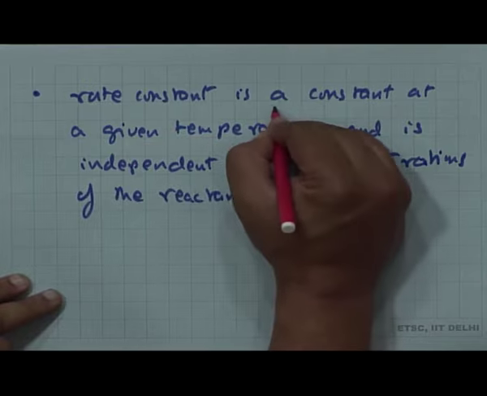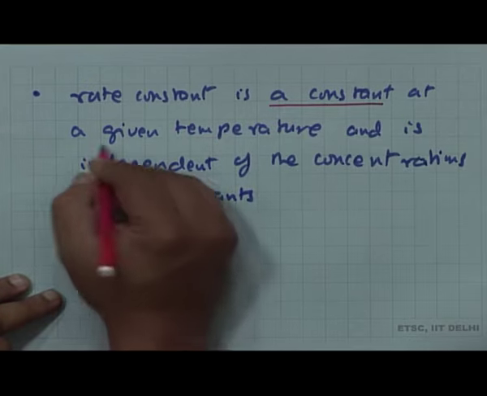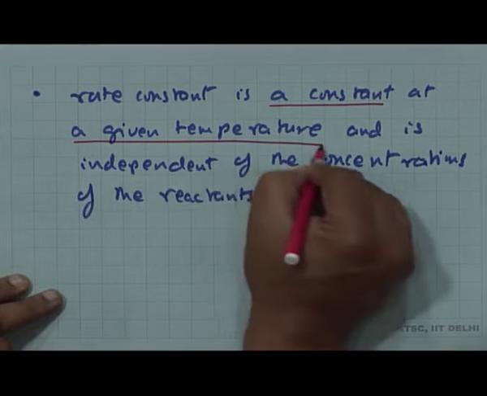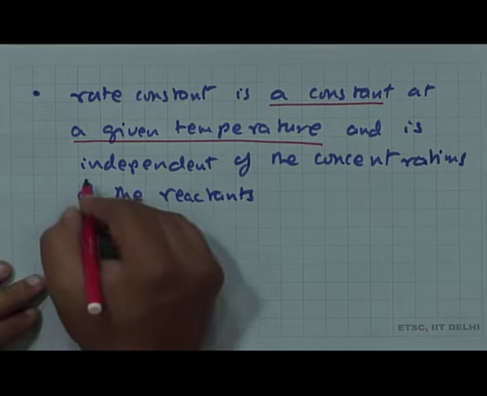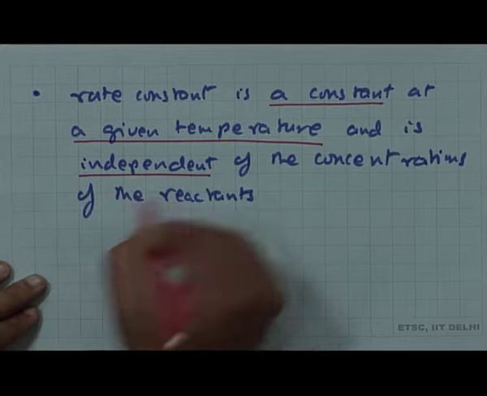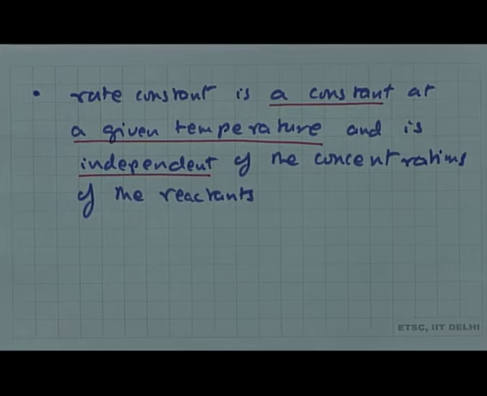So, the rate constant is a constant at a given temperature. This is important because the rate constant does depend upon temperature, the Arrhenius equation, which we will come to later, and also it is independent of the concentrations of the reactants, right.